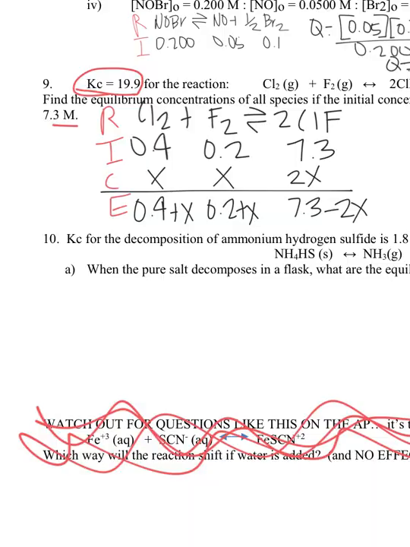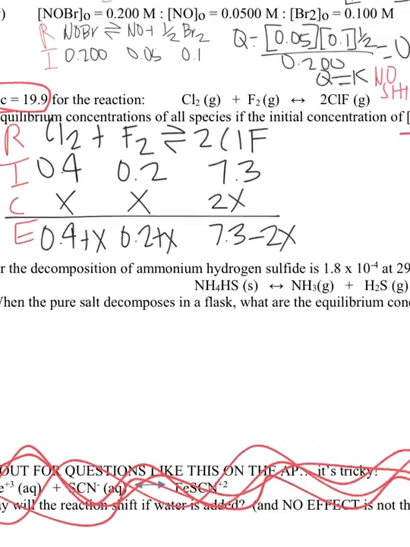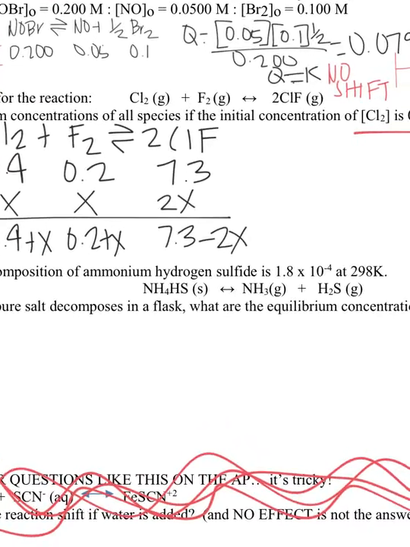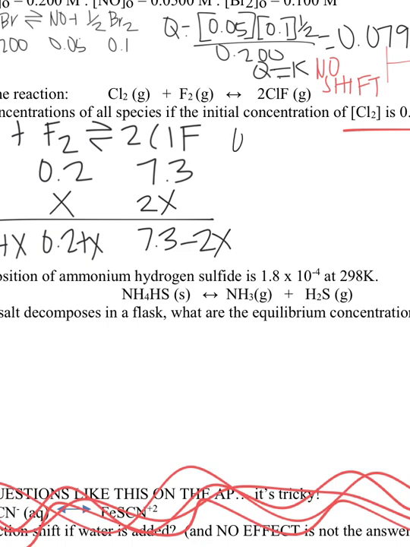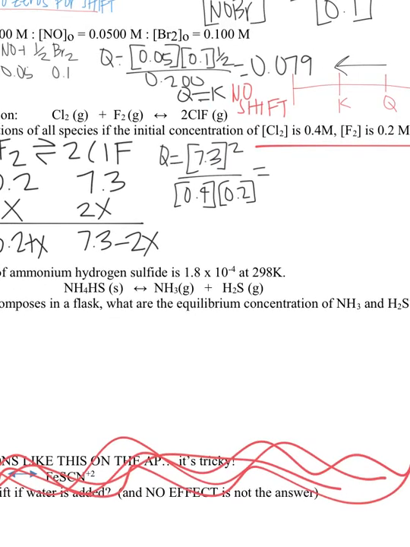So let's figure out which way it's shifting real quick. So Q, I'm going to do products over reactants. So that's 0.4, 0.2. When I get that, my Q is 666.